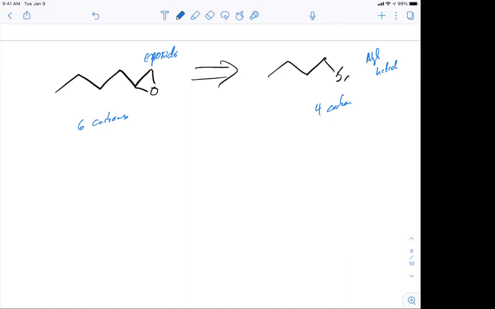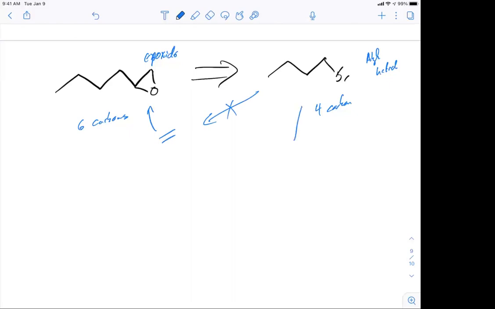We know that epoxides can come from alkenes, and we could get alkenes directly from bromides, but there's a problem there, because I need to add 2 carbons.